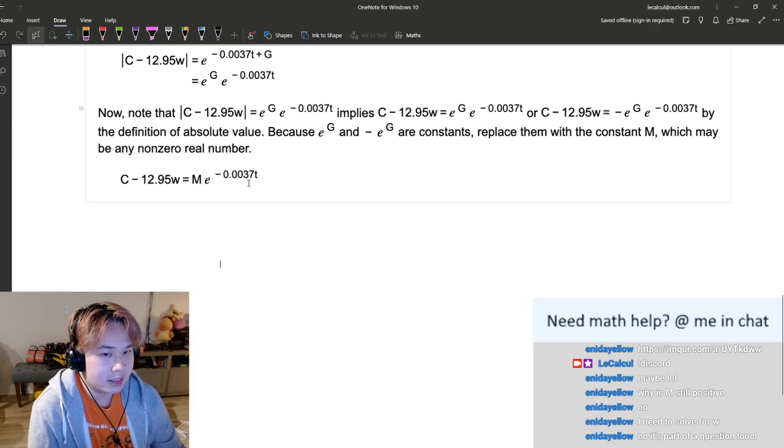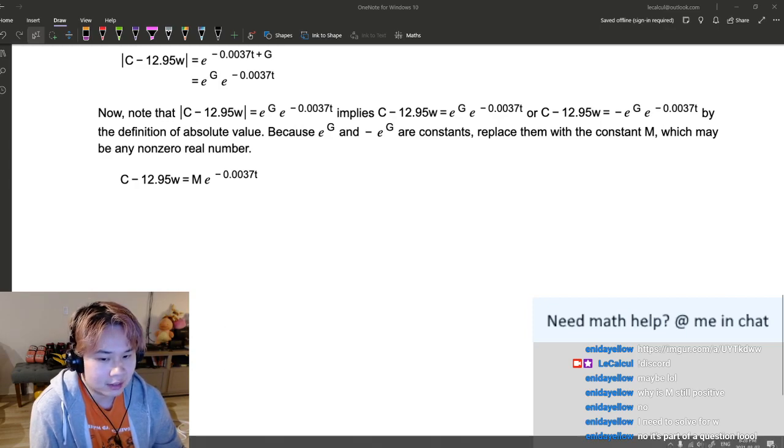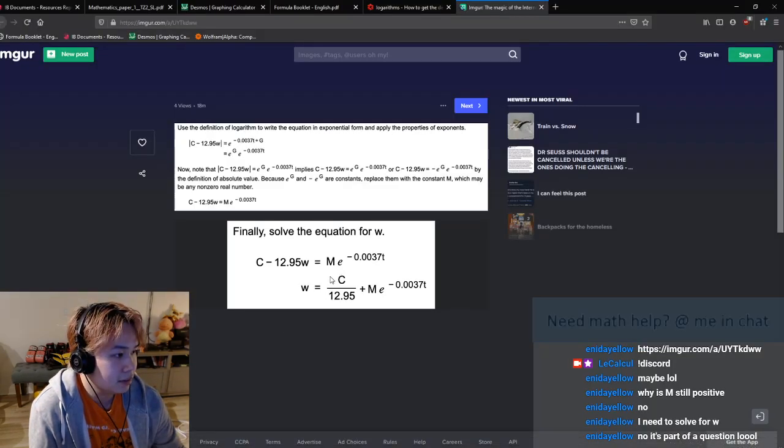And then you can just say this instead, because m is a variable. It can be negative, it can be positive. So that's why there's no negative there. It's part of the variable, so you don't need to say it. And then from there you can solve the equation for w.